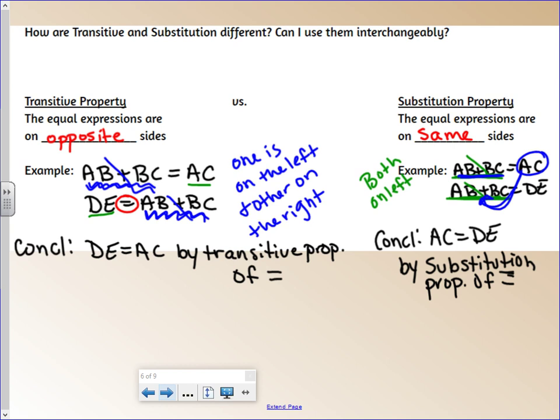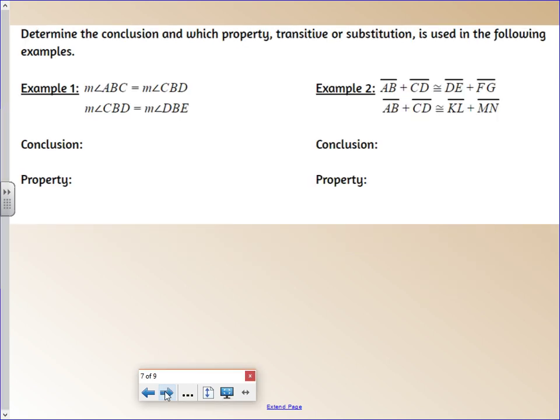All right, so now that you've done that, I'm going to go through it real quick. My equal expression is the measure of angle CBD, for example 1. They're on opposite sides of the equal sign. So I'm going to conclude that this is equal to this.